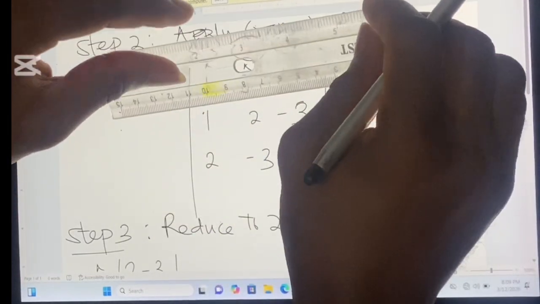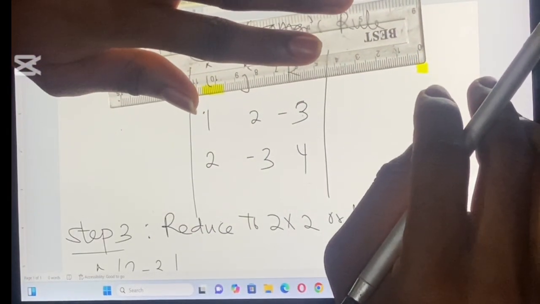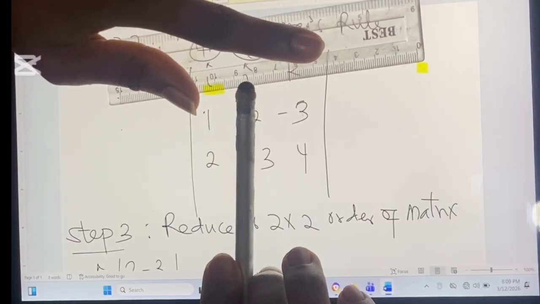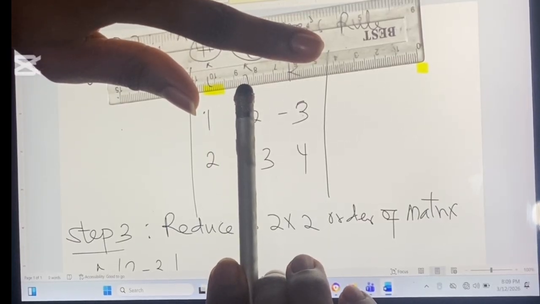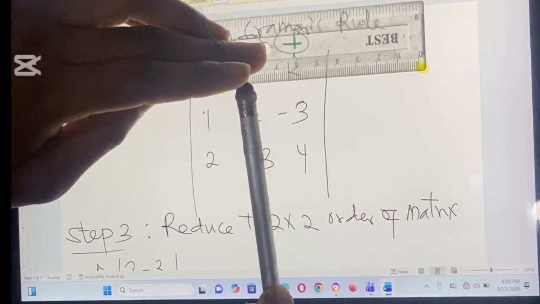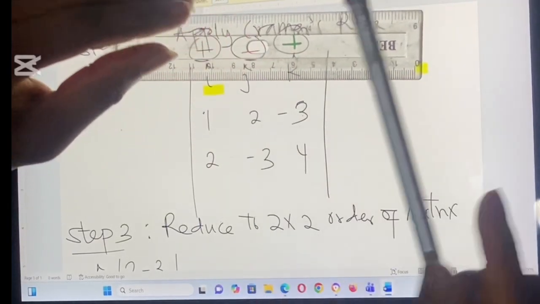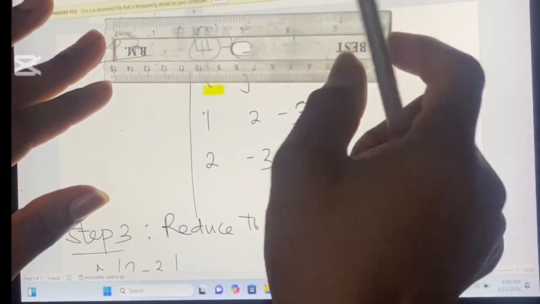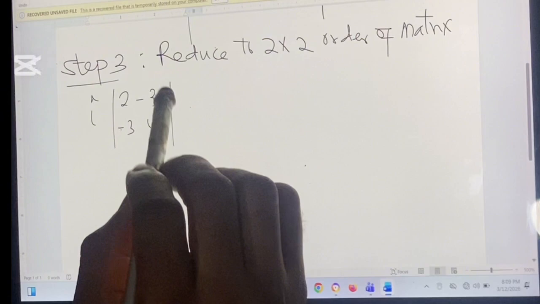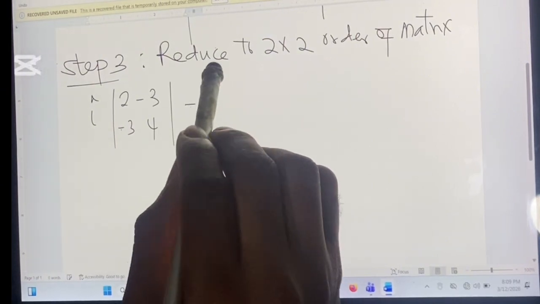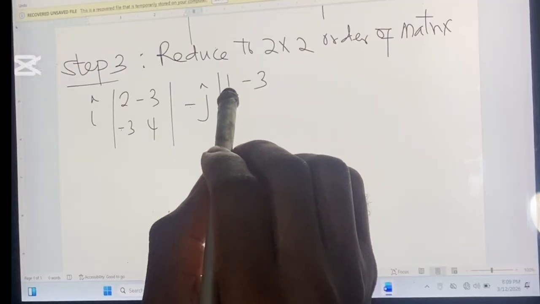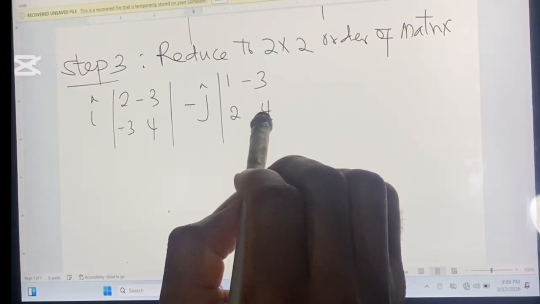So I will close the row of the vector and close the column of j. So I'm going to have this to be 1, please just be careful, 1, minus 3, 2, 4. When you do that, for minus j, vector minus j will be 1, minus 3, 2, 4.